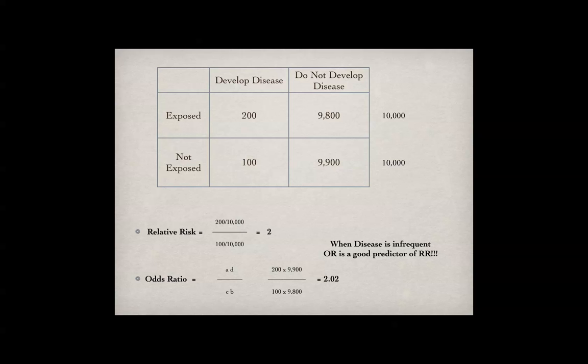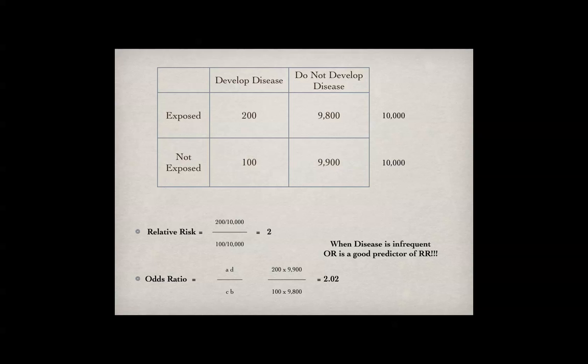And when you calculate that all out, you come out to a relative risk of 2. So what that means is that obviously you have a much higher risk of disease if you're exposed, according to this cohort study. Now an odds ratio is a little bit different. A times D, so 200 times 9,900, divided by C times B, 100 times 9,800. And when you do that, you come up with an odds ratio of 2.02.